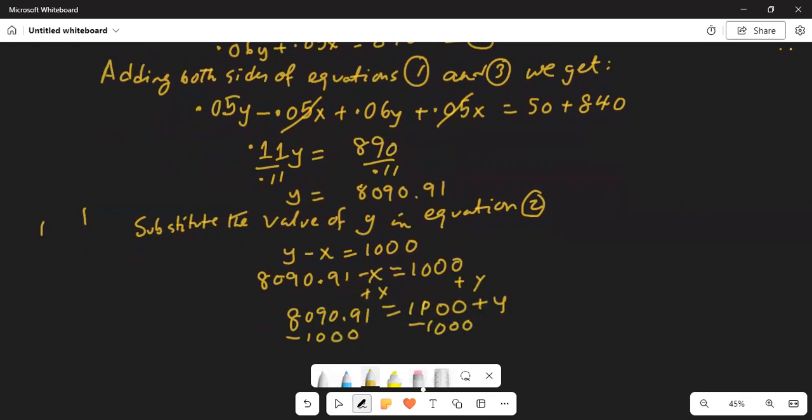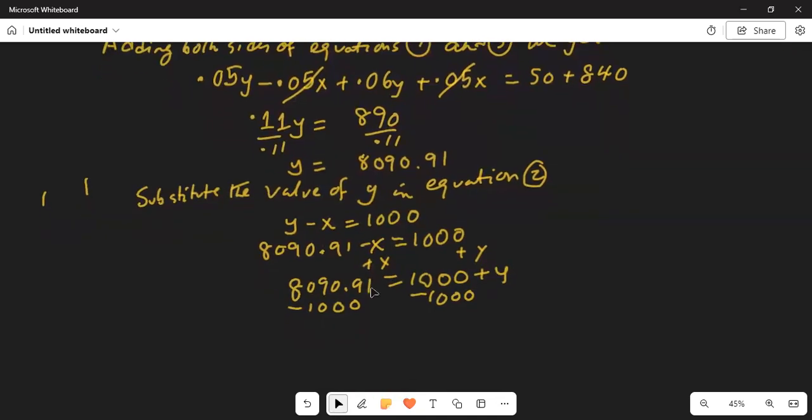So 8090.91 minus 1000 is 7090.91 is equal to x.